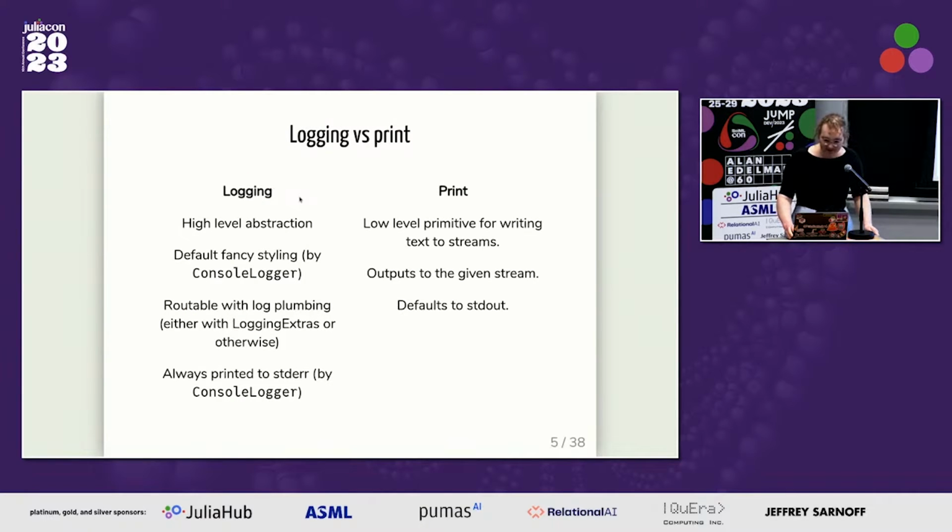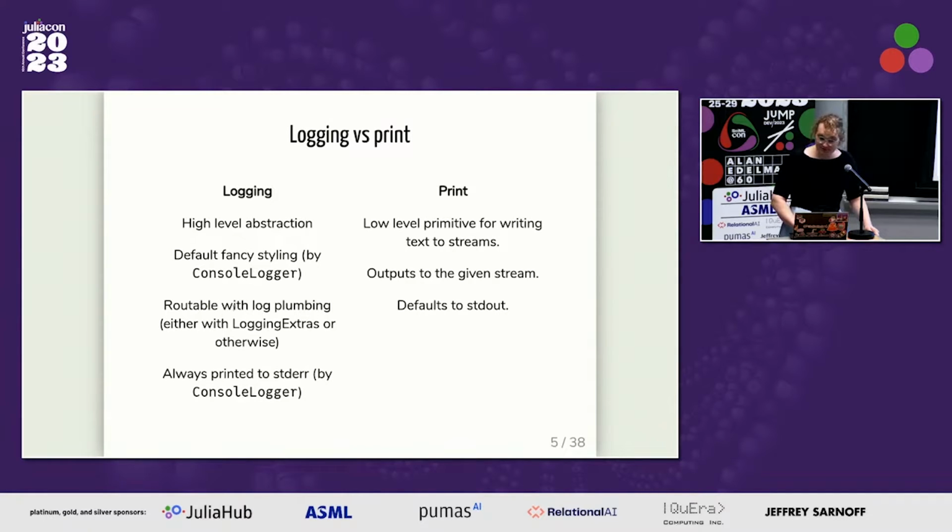So I guess talking about logging versus printing. We can think of printing as kind of the low-level primitive for writing to a text stream. In particular, by default, it outputs to the standard out stream. In contrast, we can think of logging as a much higher level abstraction. By default, we get this fancy styling. This is done by the console logger.